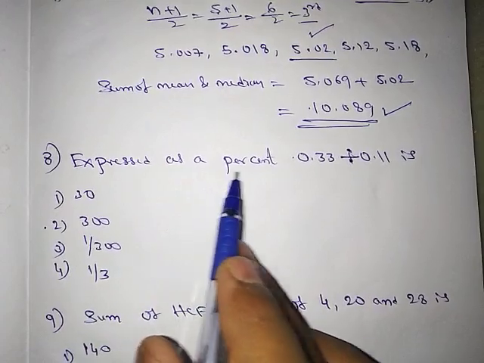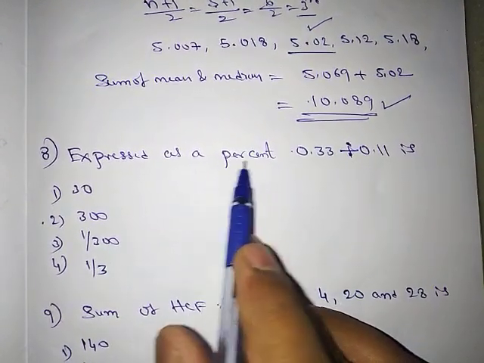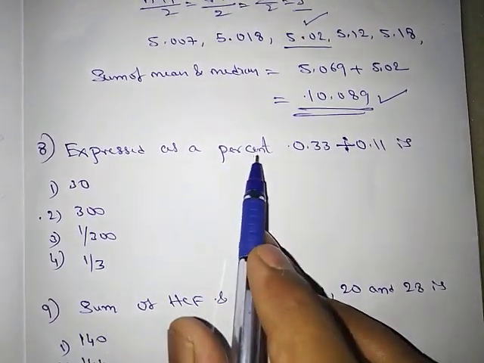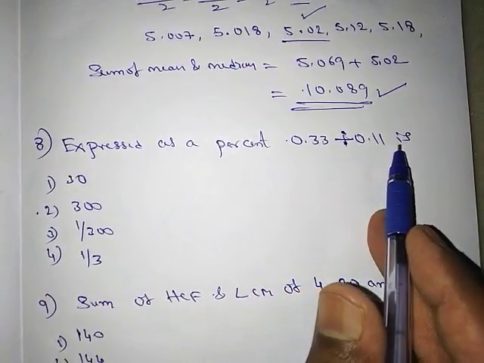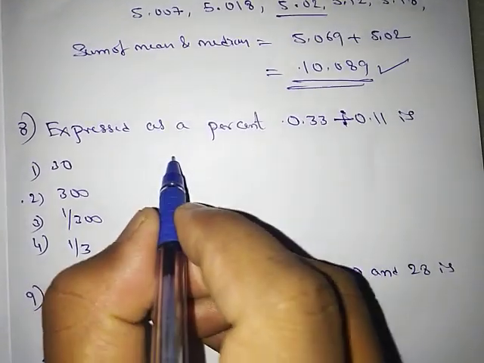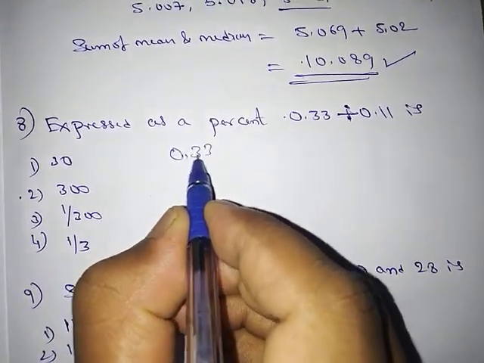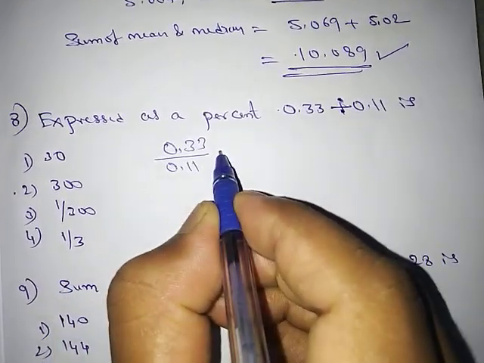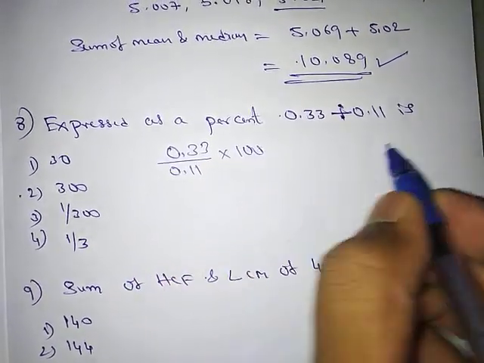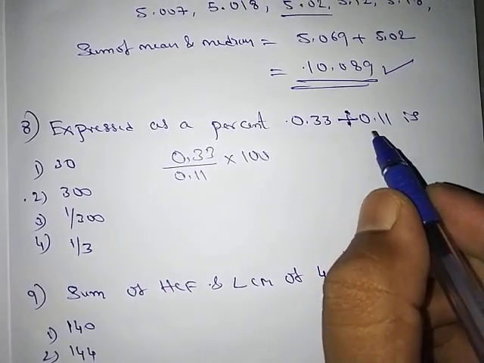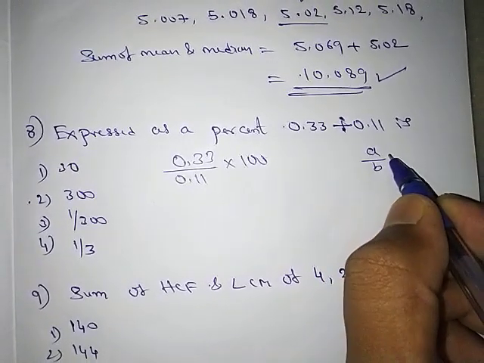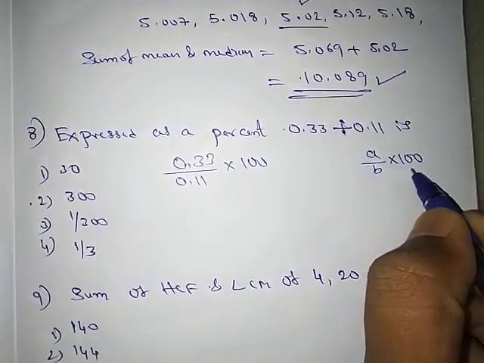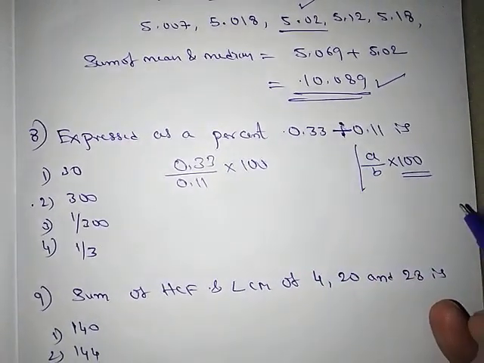Express as a percentage: 0.33 divided by 0.11 is. So how can you express this, 0.33 divided by 0.11 multiplied by 100? You know that if we convert a fraction into a percentage, you need to multiply it by 100, right?